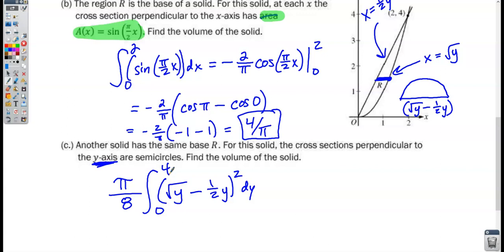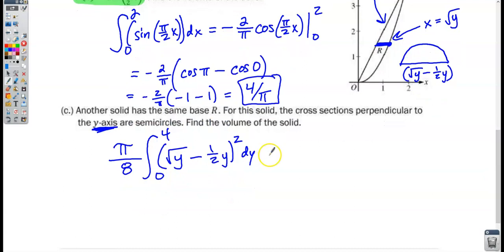And now we want to find the volume of this solid. We're going to go ahead and integrate this by hand, since this is a non-calculator question. So, what do I have to do in order to do this? Well, I've got to expand this out. So this is going to be equal to pi over 8 times the integral from 0 to 4 of y minus 2 times the product of these.